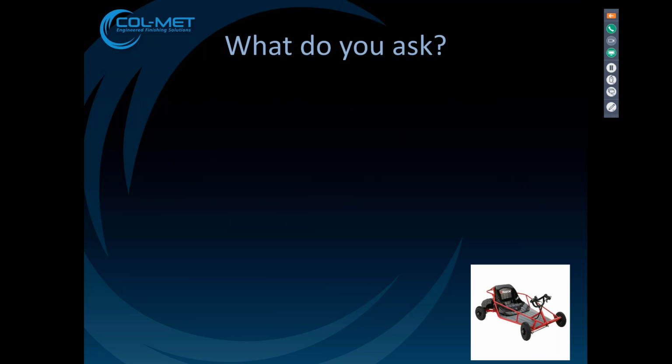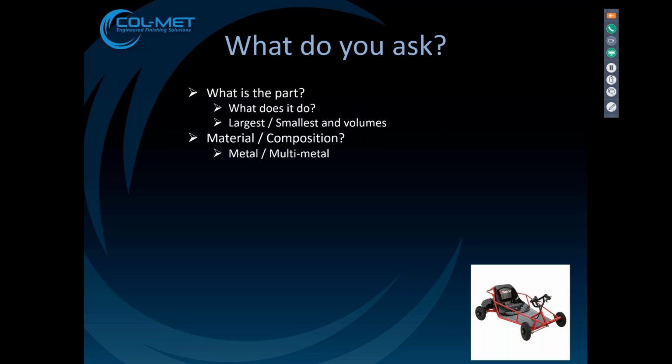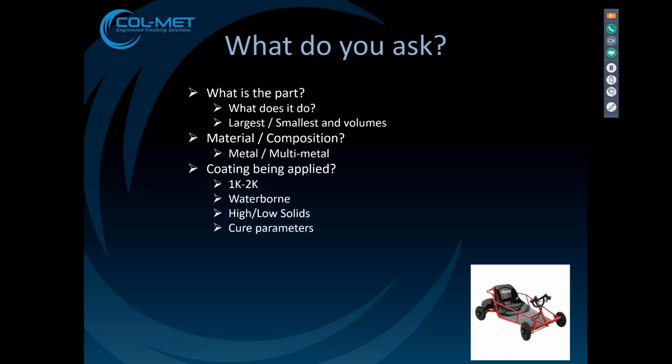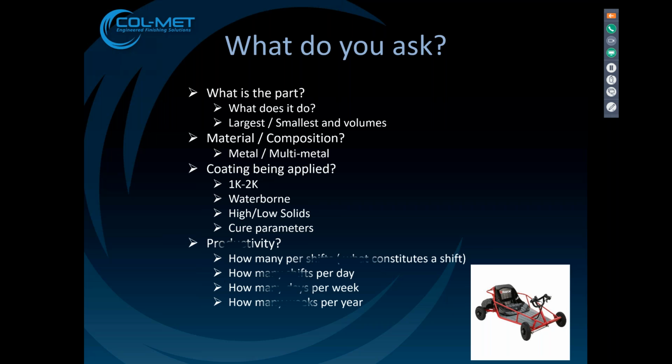So what do you ask? We have a customer that builds mini bikes and go-karts. So what do we ask? We ask, what's the part? What does it do? What's the largest and smallest in volumes? The material composition: is it metal or multi-metal? What's the coating that's being applied, whether it be liquid or powder coating?